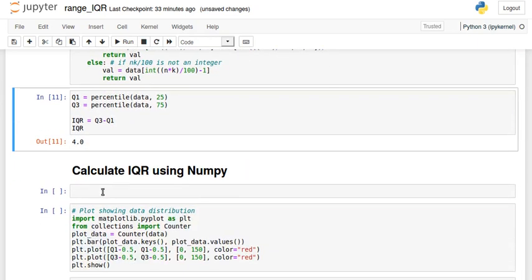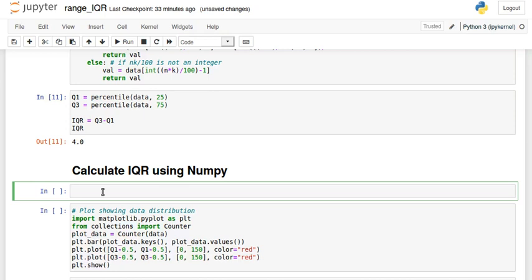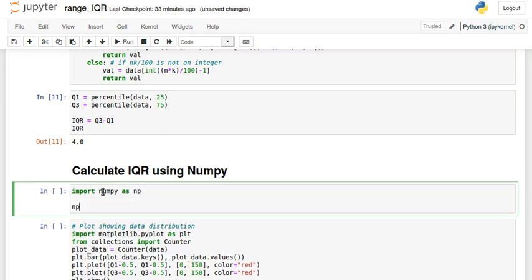Let's do the same using our numpy method. Numpy has a function called percentile, which we will use here. It is a predefined function which comes with numpy. So let's calculate IQR using numpy. For that we first import numpy, and from that we will calculate.